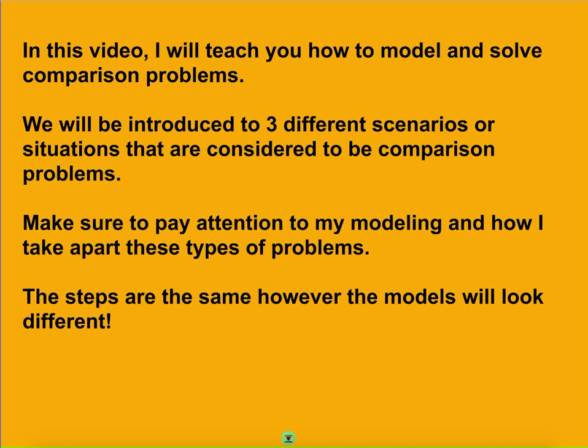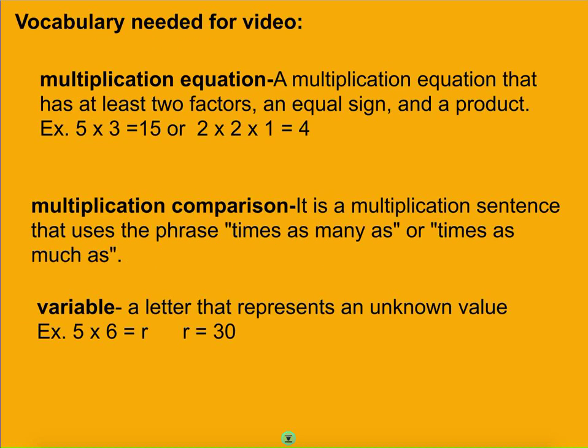So let's get started. First thing we're going to talk about is some of the vocabulary that's needed for this video, okay? And to understand how to solve comparison problems. First of all, these first 2 definitions were covered in my lesson 2.1, but I'm going to revisit them. You need to know a multiplication equation has at least 2 factors, an equal sign, and a product. So my example here is 5 times 3 equals 15.